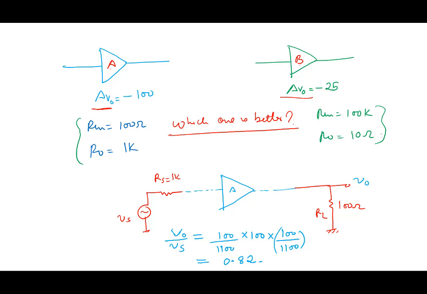If I use amplifier B, with 100k and 1k, it's almost like 100 by 101 into 25, into RL 100 by 110.